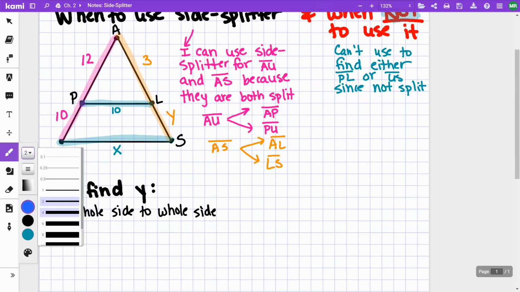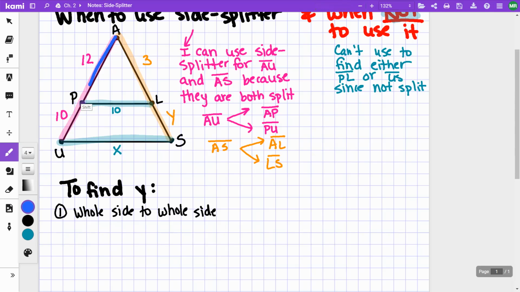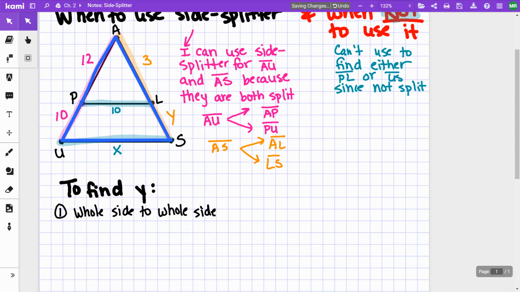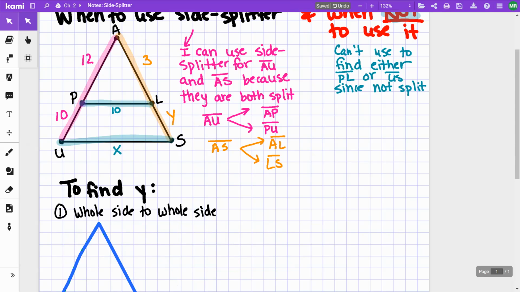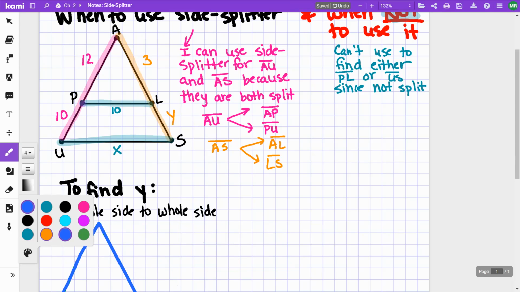Let's say I actually have this triangle here, and move it down here. And then let's say I have this triangle here.